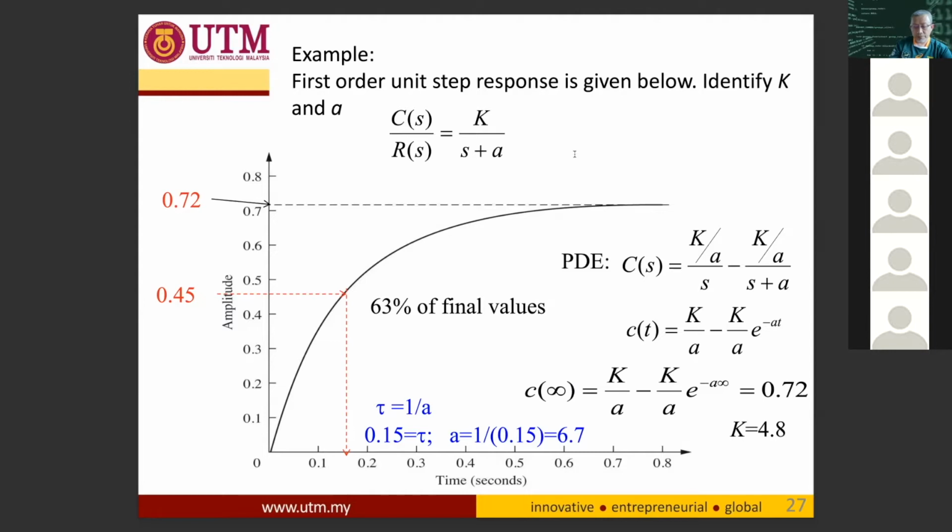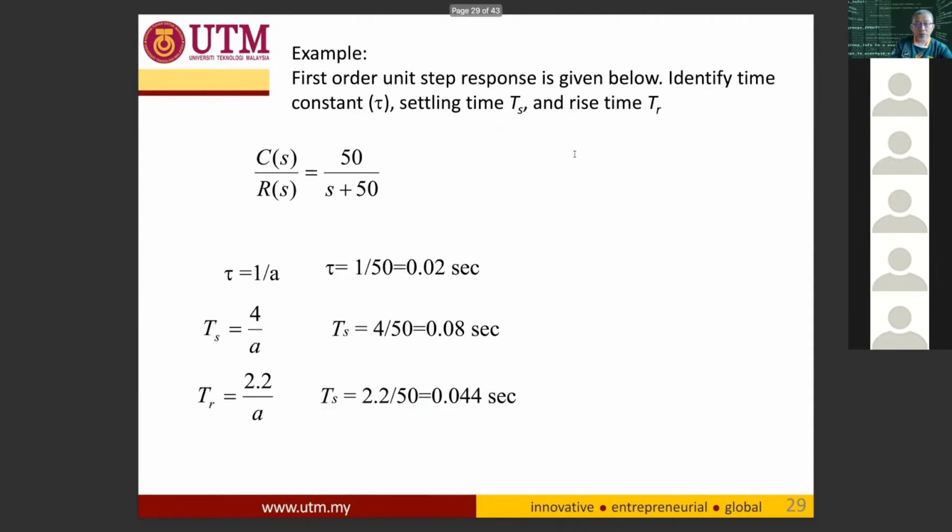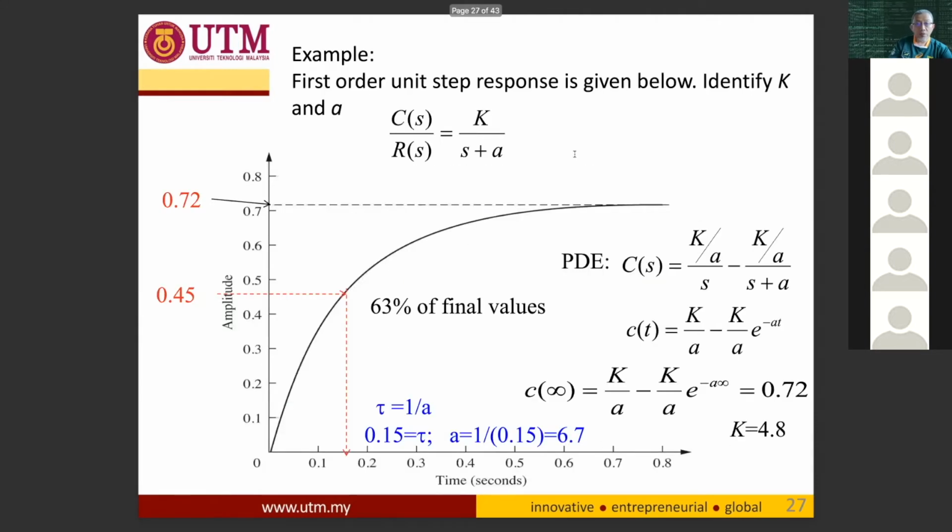And then, so this is the response. And the K value. Since you have the A value, K divided by A is equal to 0.72. A is equal to 6.7.